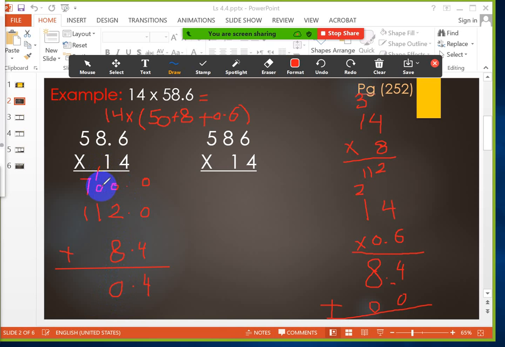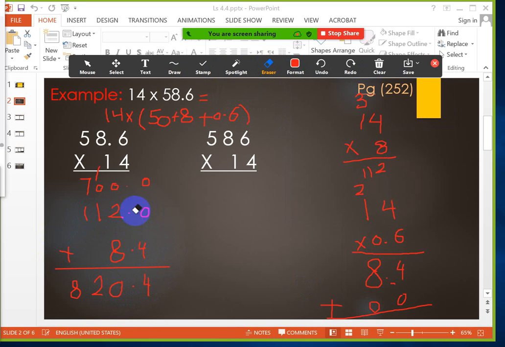Now 1 plus 0 equals 1. 1 plus 1 equals 2, and 7 plus 1 equals 8. So the final answer is 820.4 tenths. Okay, girls? Okay?